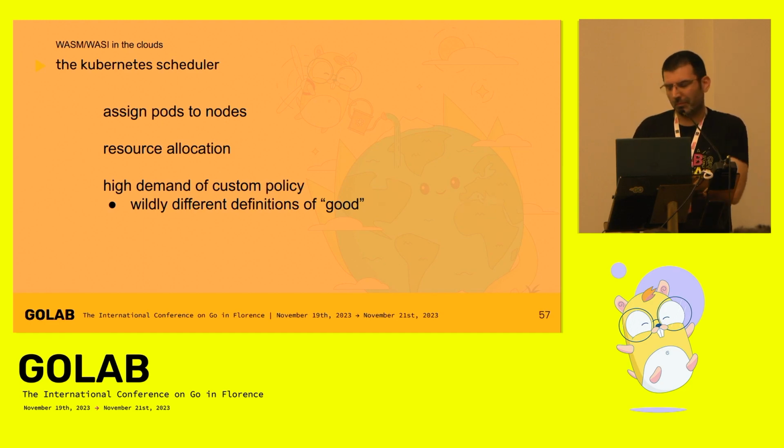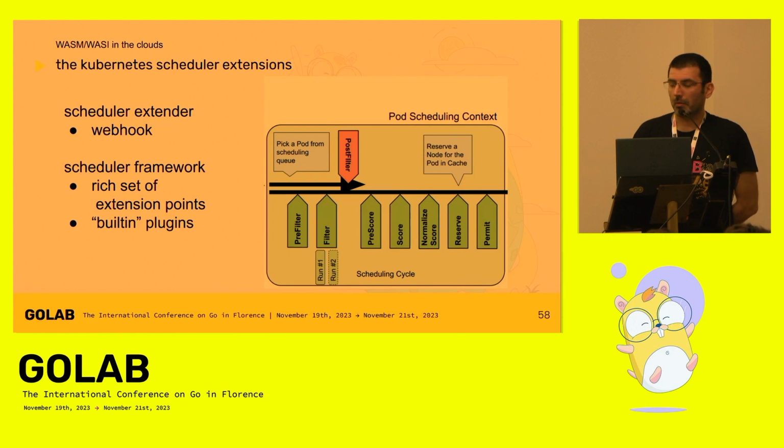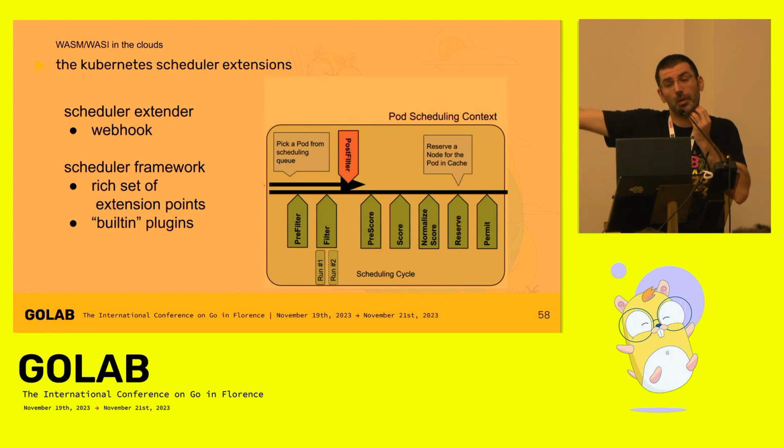And the definition of best is extremely different. So the out-of-the-box experience is a compromise, but I've seen in the wild there are a lot of different options. The people developing the Kubernetes scheduler are very well aware of these needs. So there is a scheduler plugin framework which is very rich and allows a very extensive list of customization points.